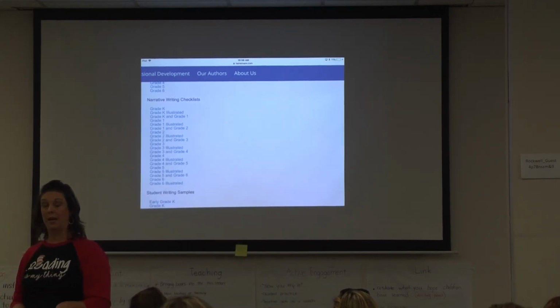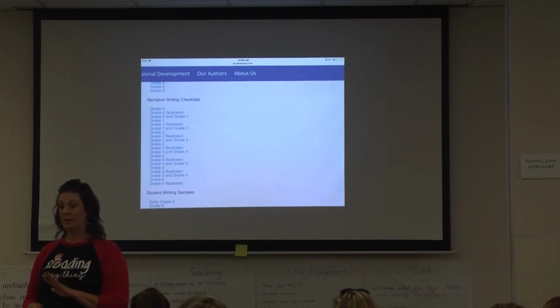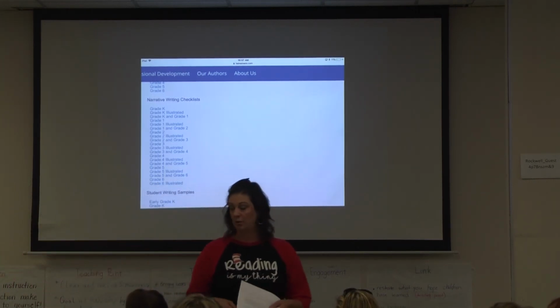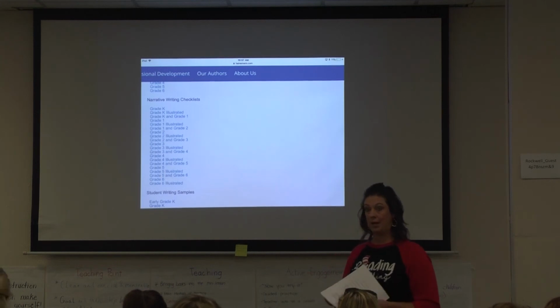If they've highlighted that item on their checklist, it makes it very easy for you to quickly look and say, oh, you're working on elaboration. Show me where you've done that today. What part are you working on? It really speeds up your conferences if you know exactly what to pinpoint as an area that they're working on, so you can go a little bit faster. Also, hold them accountable for actually working on it.